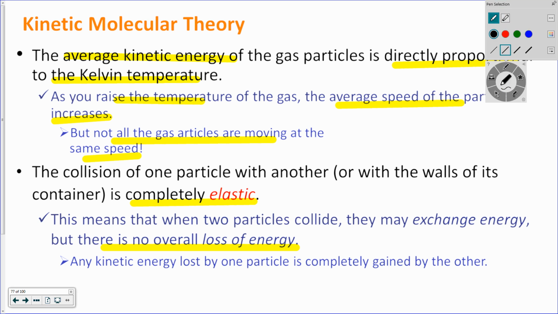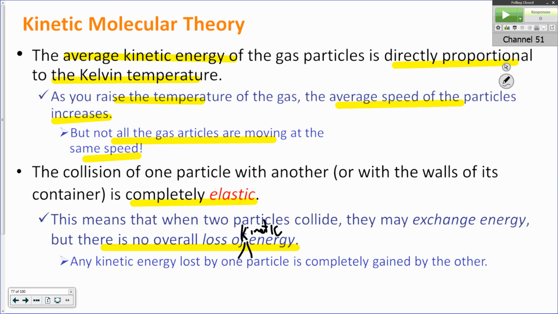So I want to insert the word kinetic here. The kinetic energy is conserved in this. If you think about a pool ball and another one coming in, this one has motion and it's going to strike this one.